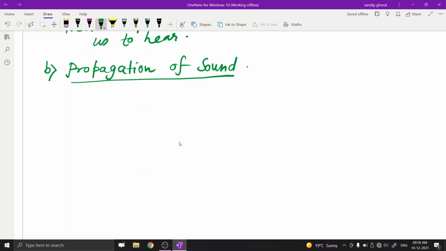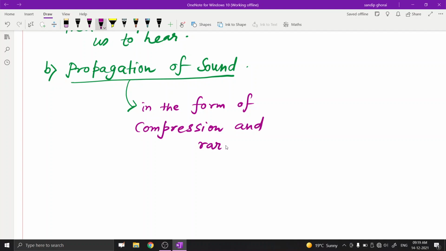Sound is propagated through any medium, and the process occurs in the form of compression and rarefaction.